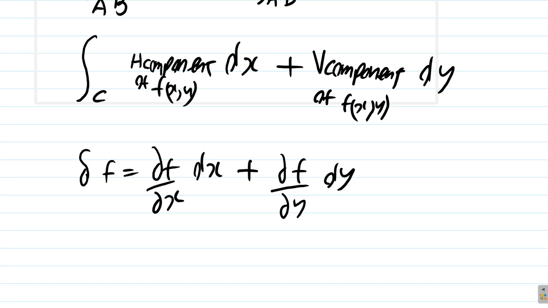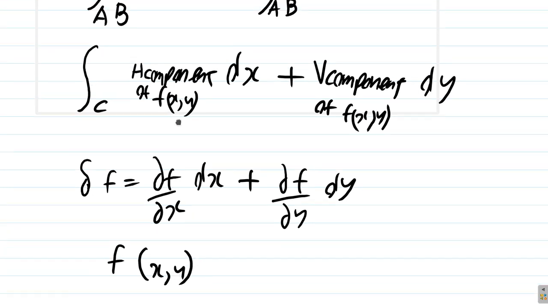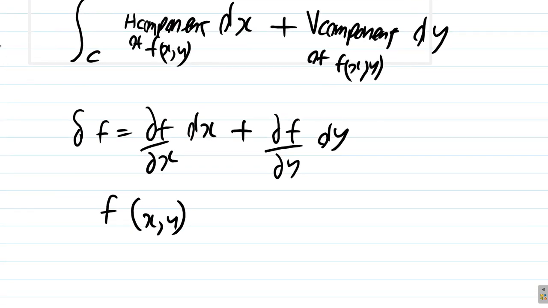Now, suppose you have a function of x and y, right? Then our P here, which is horizontal, would be equal to partial f by partial x.